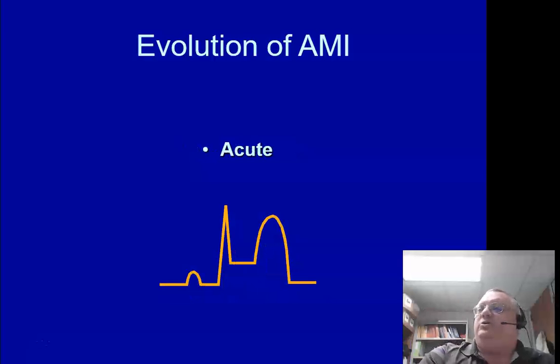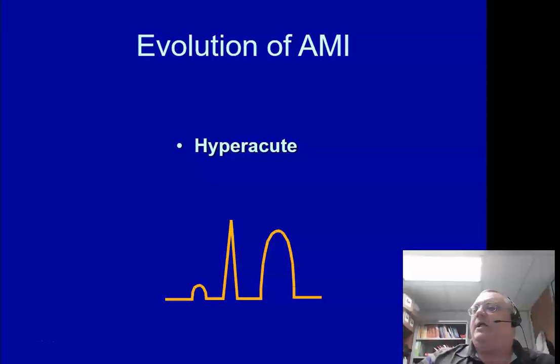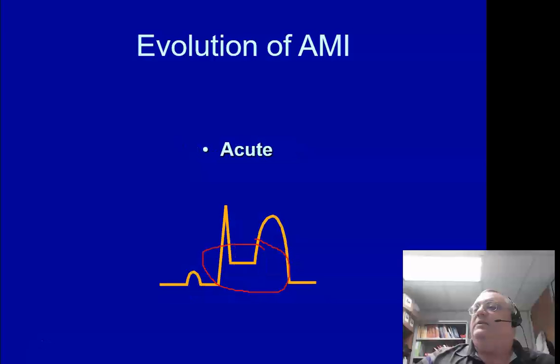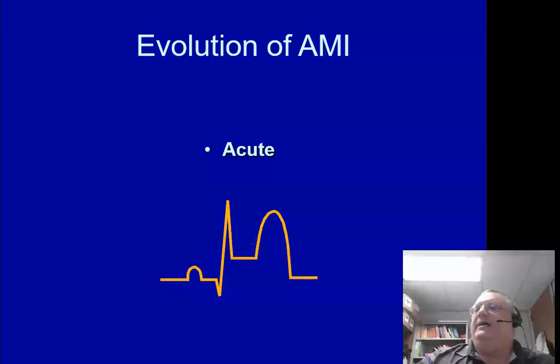But then your acute phase is when you start having, super early in the MI, within probably 30 to 40 minutes, this starts to develop, okay? You get the ST changes, all right? And then it's going to slowly progress upward. And by the way, the only difference between this one is now they've developed a Q wave.